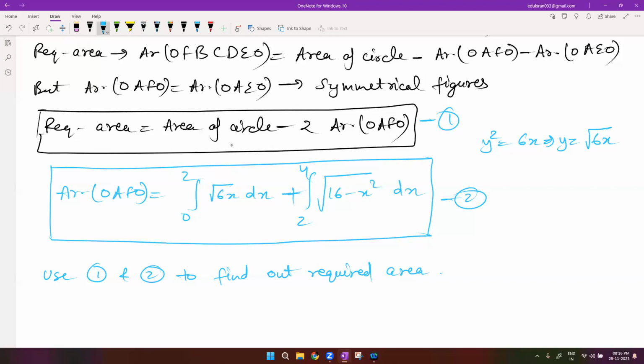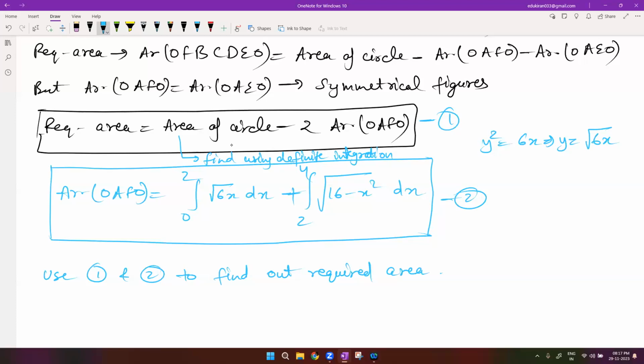By the way, this area of circle also has to be calculated using definite integral, not pi r square. You might put pi r square and the question will be wrong. This area of circle has to be found using definite integration, not the formula directly.